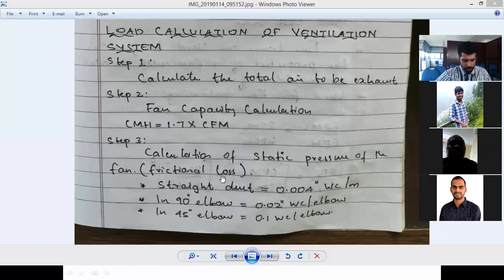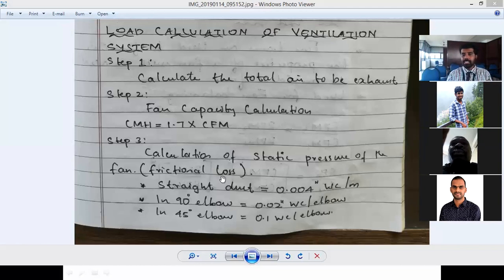Now, the fourth step. What you have to keep in mind is that if you are using a duct, there will sometimes be many branches. If there are many toilets, you will have different branch ducts.